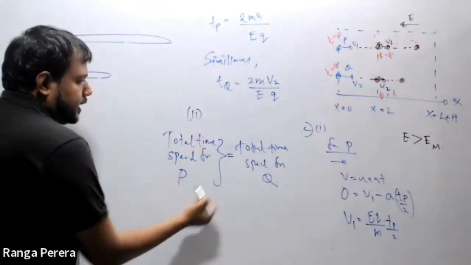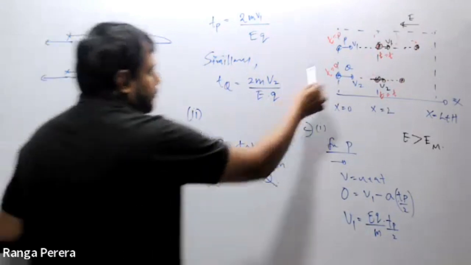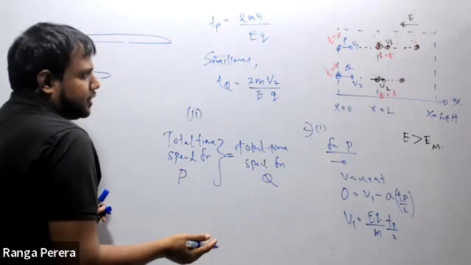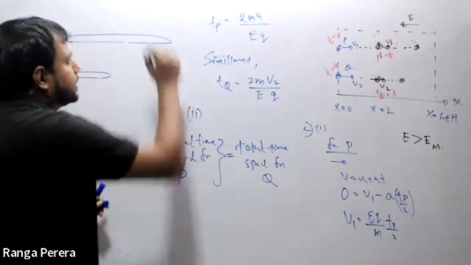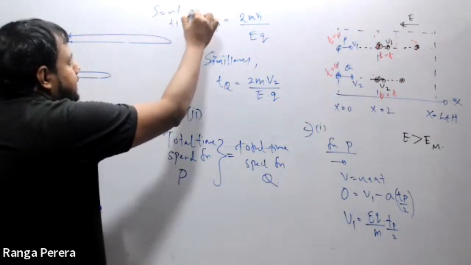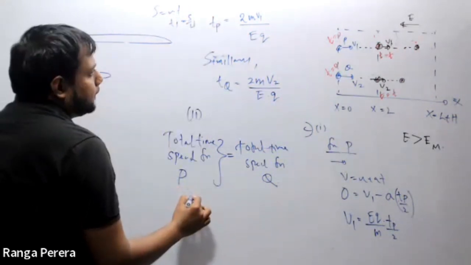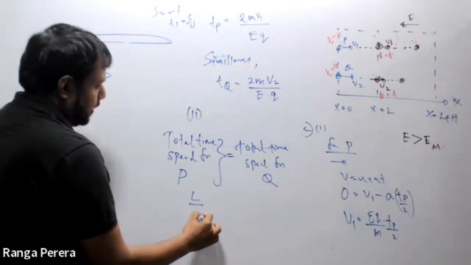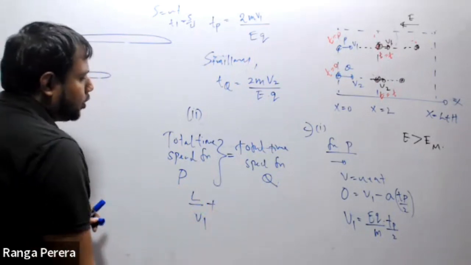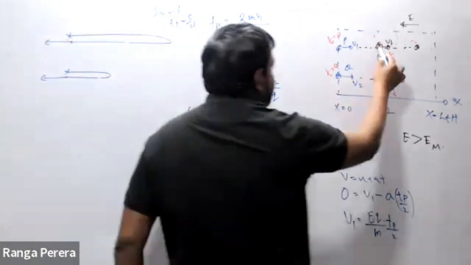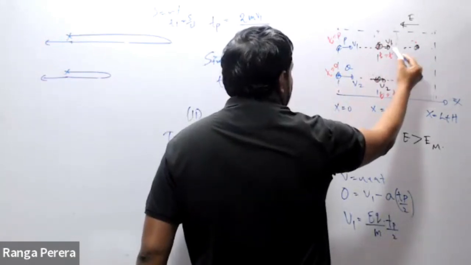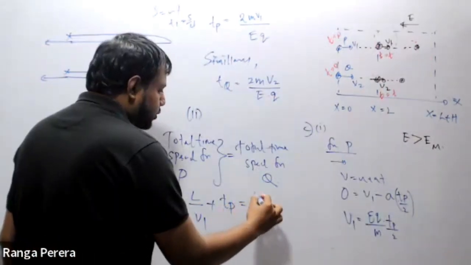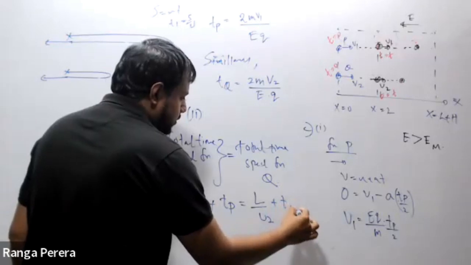Total time spent for P equal total time spent for Q. From here to there, what is the time? Distance we know, speed we know, the time, S equal ut. What is the value? S equal ut means time equal S divided by u. P, it is L divided by V1 plus total time spent for P from here to there, TP by 2, then up to that TP. It is equal to L divided by V2 plus TQ.